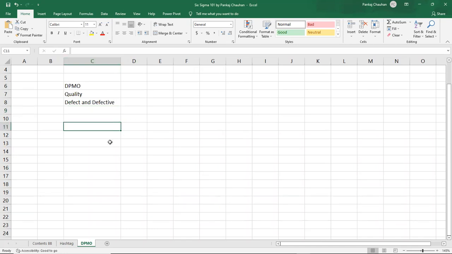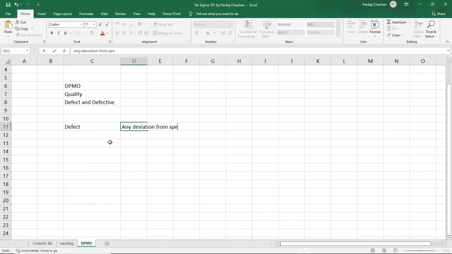First, let me give you the basic definition of defect and quality. Defect, definition-wise, is any deviation from a specification.